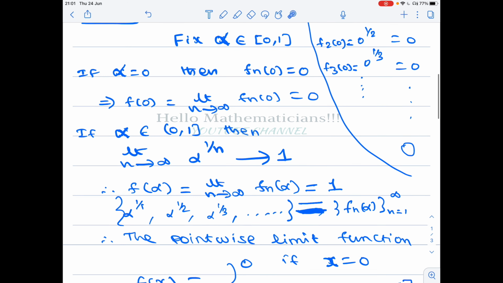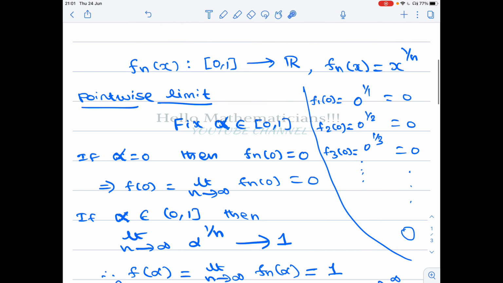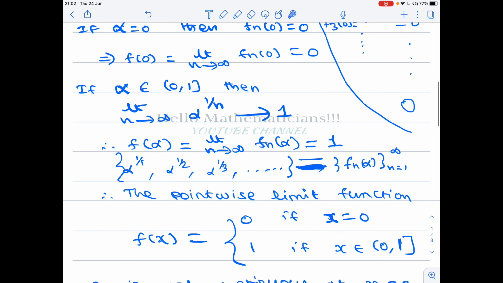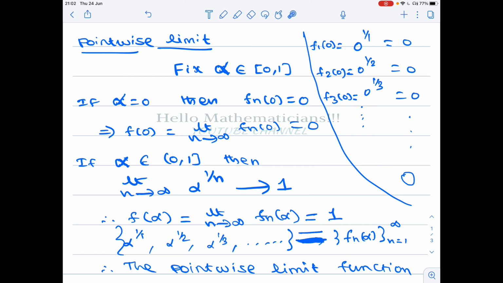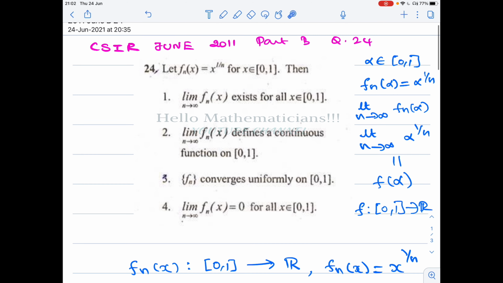So you fix a point in closed 0 comma 1, fix that number here, and let n tend to infinity. Whatever limit of the sequence you get, that is your f of alpha. If this function f of x can be found for all the points in closed 0 comma 1, we say that the pointwise limit exists. So the first option is true.